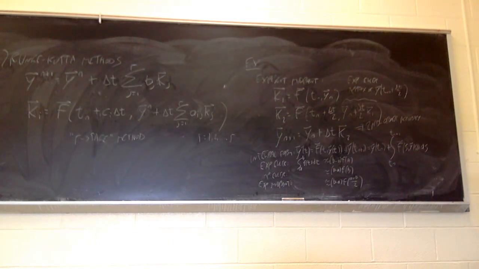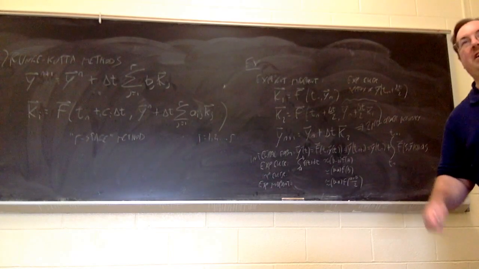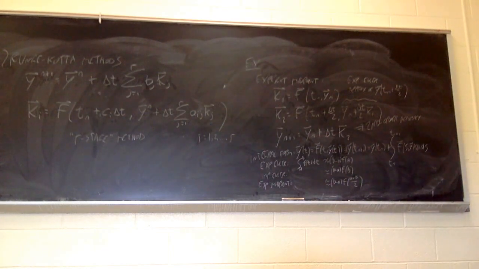So for example, when you cut the time step by a factor of 10, your error is reduced by a factor of 100. So it's definitely worthwhile to be doing twice as much work per time step. Okay, so that's one of the simpler Runge-Kutta methods.